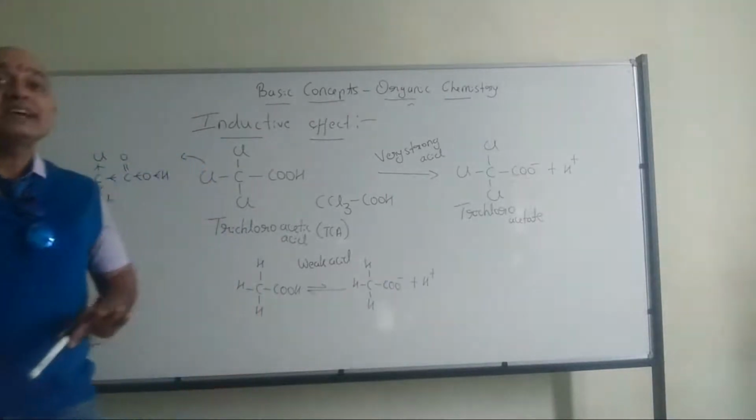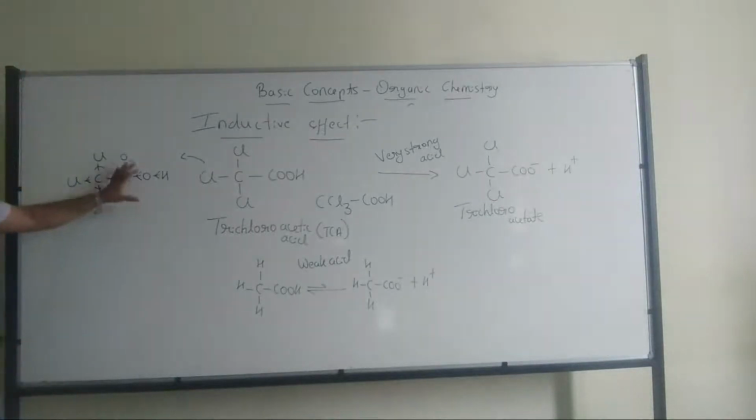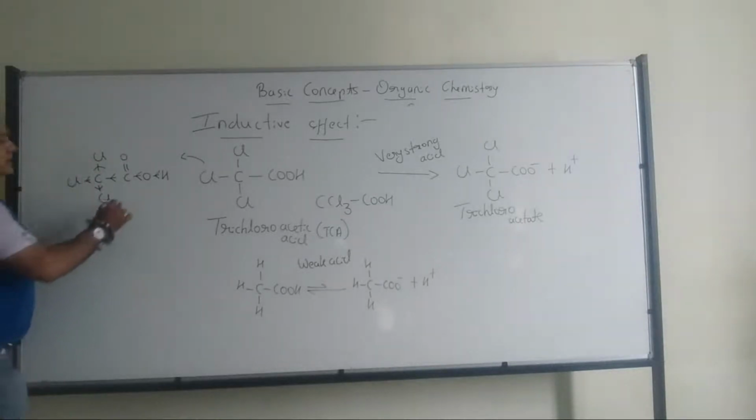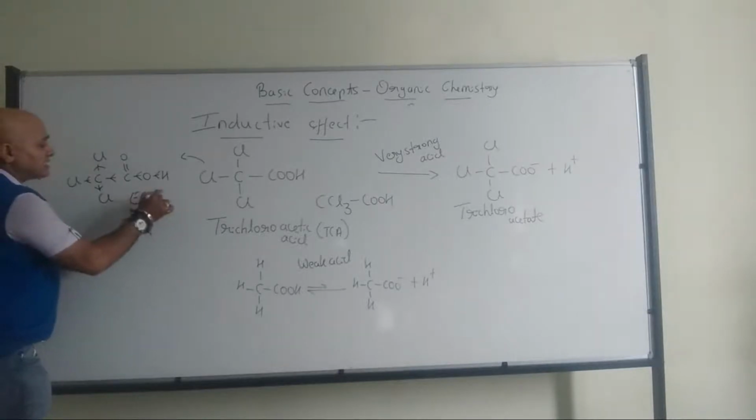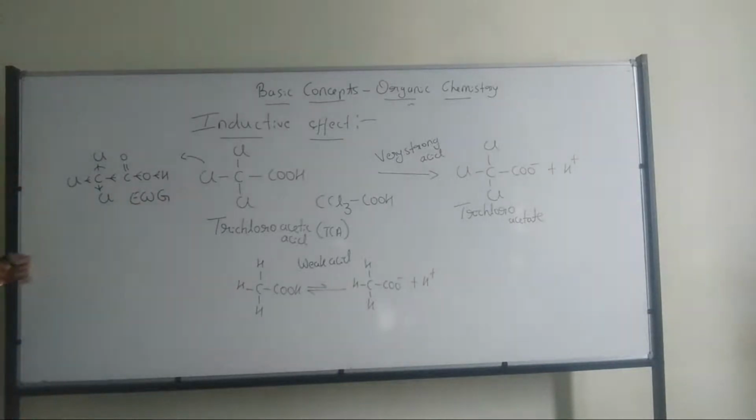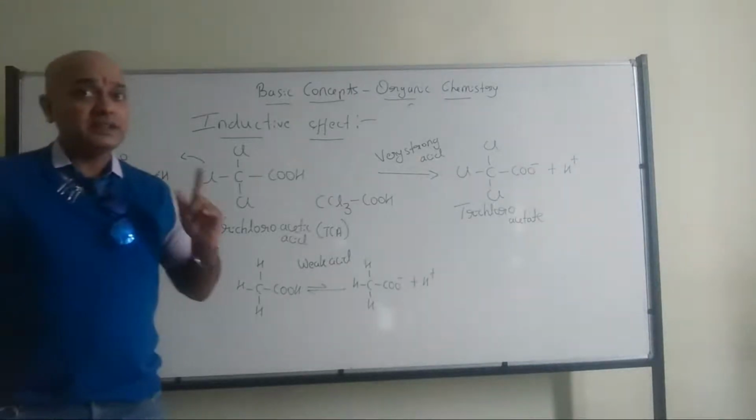So this is an example of the inductive effect, where due to the presence of electron withdrawing groups, here chlorine is acting as an electron withdrawing group. In resonance, chlorine will act as an electron donating group. Please remember.